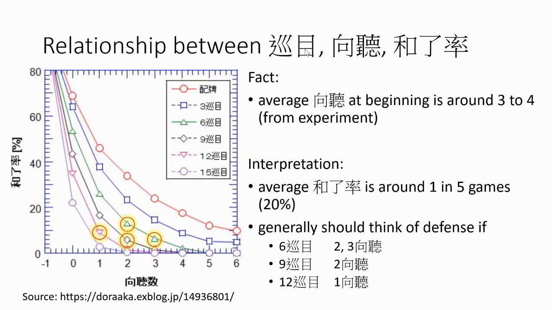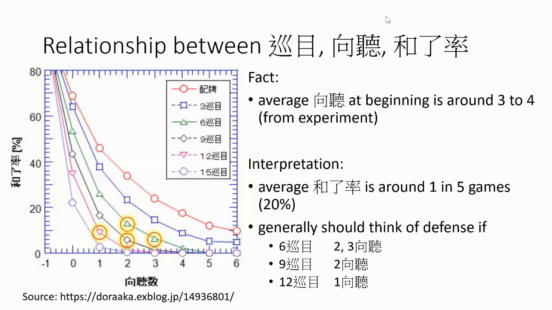The 秦目 here essentially means how many tiles you have already drawn from the stacked tiles. Okay, so suppose you have already drawn one tile, then it will be 一秦目. Suppose you have already drawn 6 tiles, then you will be in 6秦目. And essentially, the more the 秦目, in theory, the better your hand should be.